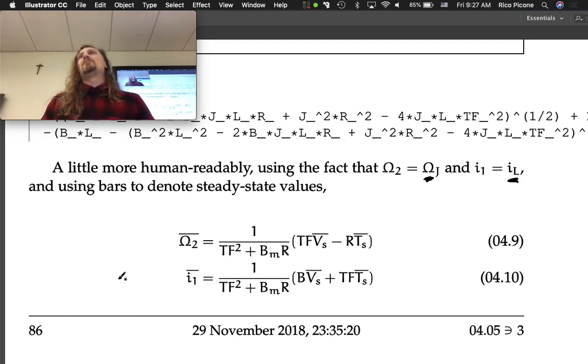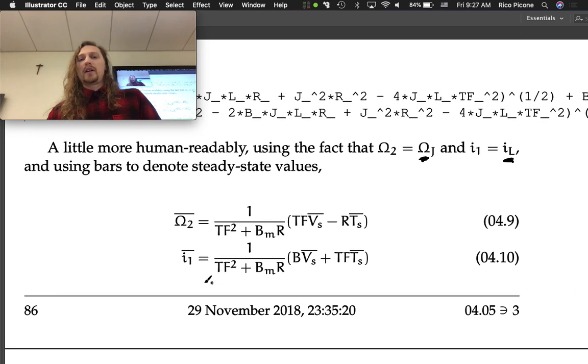I mean, you could just leave them in terms of omega J and IL because they're equivalent, they're equal. But I just wanted to be very explicit. These are the motor speed and the motor current, and that's why we're so interested in them. That's why I rewrote them as omega 2 and I1.